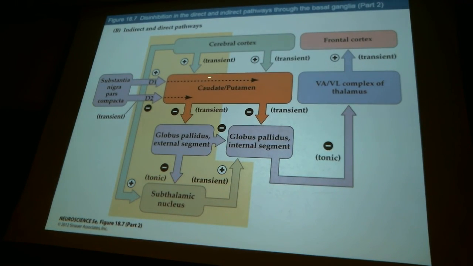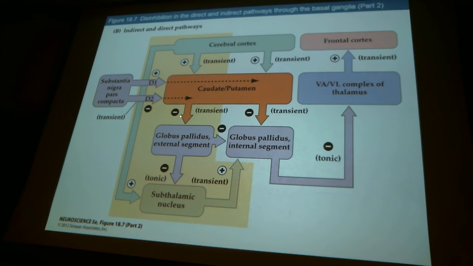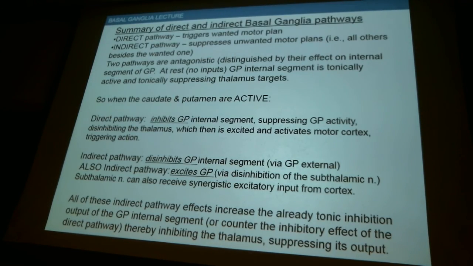The D1 provides an enhancement signal for the direct pathway. So this little arrow here is meant to say enhancement of the direct pathway. This little arrow and negative sign is meant to say suppression of the indirect pathway. And we'll say this all over again in the next slide.